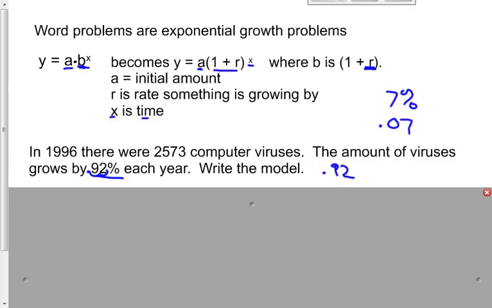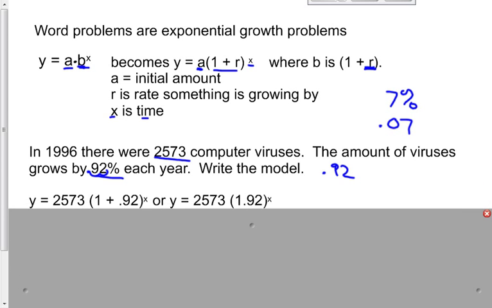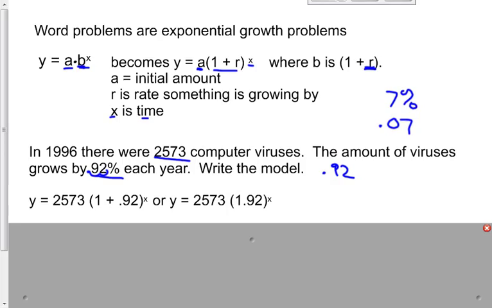We need to write y equals a times 1 plus r and then raised to the x. A is our start number. We started with 2,573 viruses. Y equals 2,573. Inside the parenthesis now is what's called our growth factor. 1 plus the rate, 1 plus 0.92, and then raised to the x.